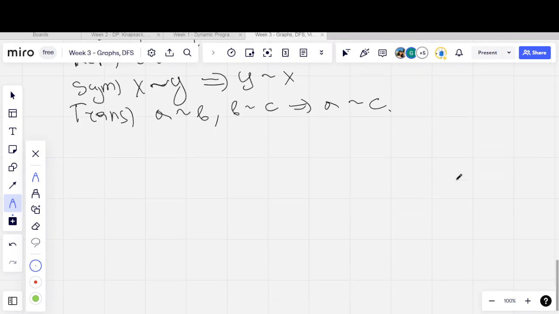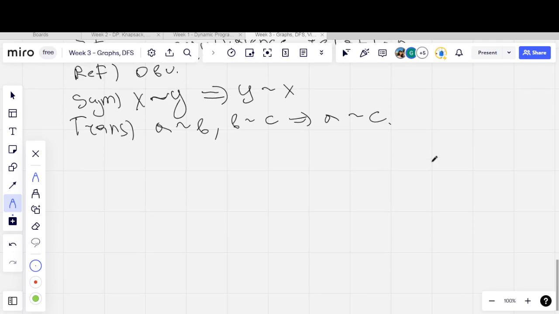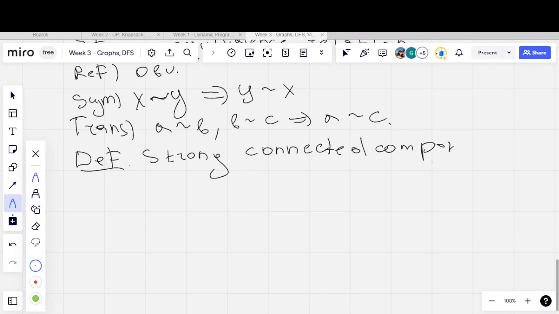So in this graph we consider strong connected, not components, we consider strong connectivity connected components. We consider strong connected components in our graph, in oriented graph.